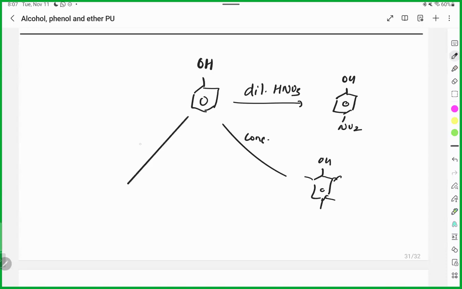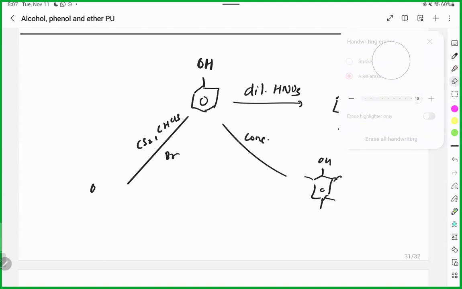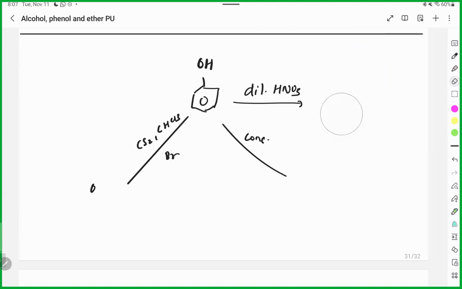If you take CS2 or chloroform with bromine, I will write one thing to make it easy: mono substitution, poly substitution. Here, mono substitution. And if you take the same thing in presence of water, there will be poly substitution. Poly means multiple molecules.